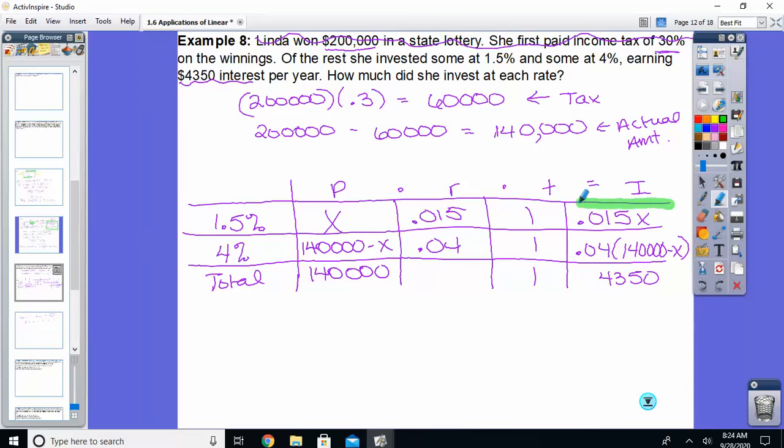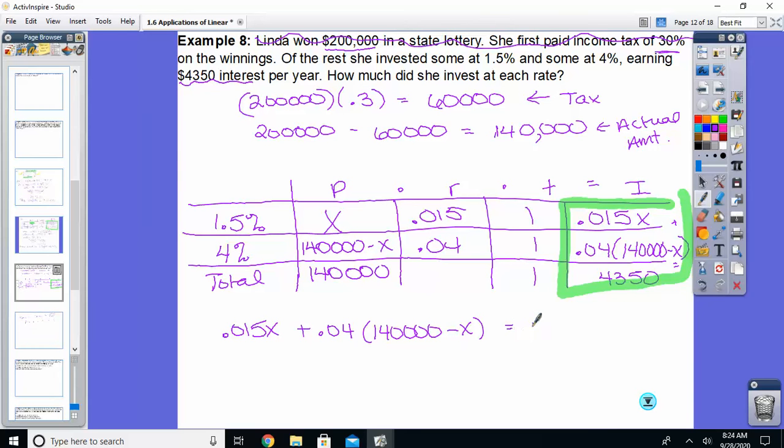So the nice thing about these tables, if you can get that final column, your equation writes itself. You're just going to add the first two to equal the total. So 0.015x plus 0.04 times the 140,000 minus x equals the 4350.